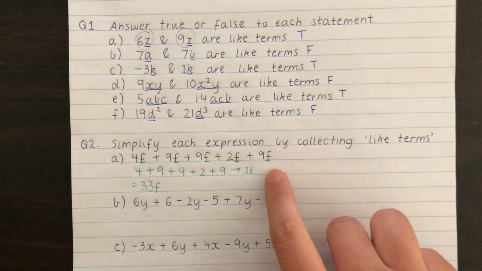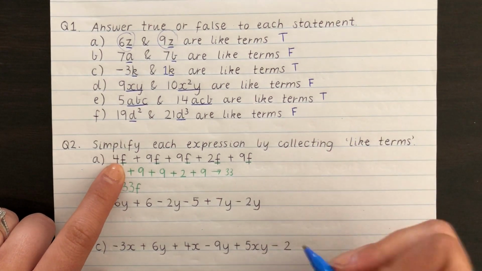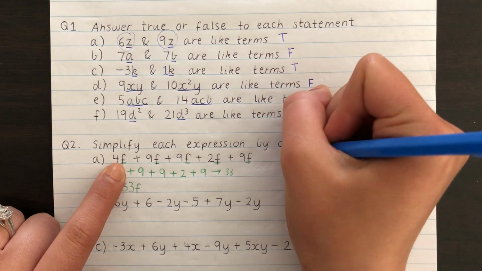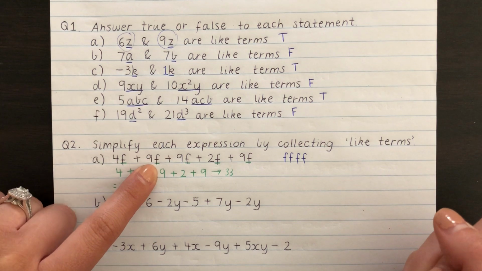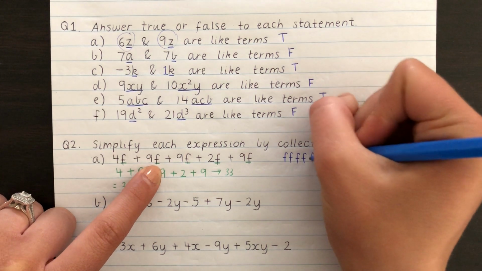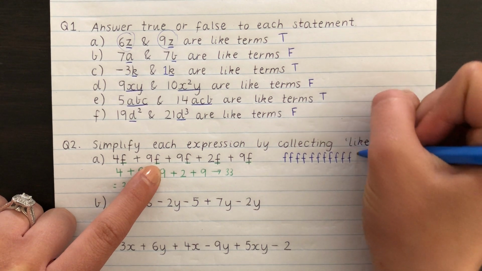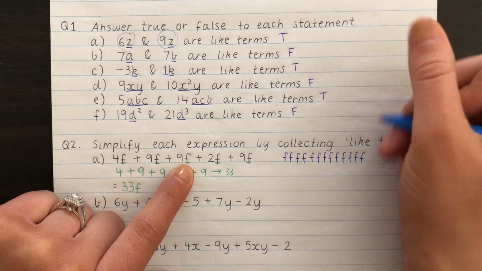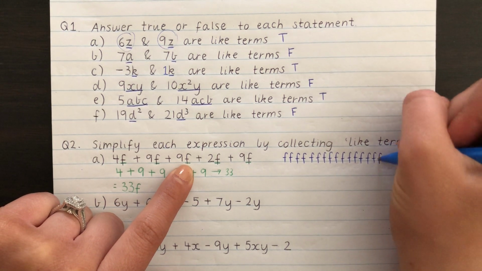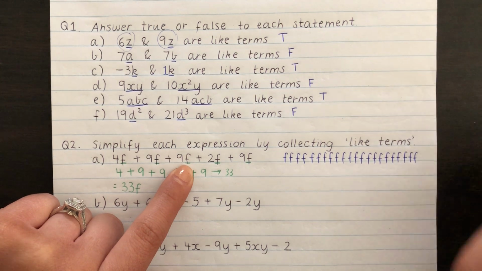Okay? Another way of visualizing this is like this. Well, here we have 4 Fs. So imagine 1, 2, 3, 4. Then we have 9 Fs. 1, 2, 3, 4, 5, 6, 7, 8, 9. Then we have another 9 Fs. 1, 2, 3, 4, 5, 6, 7, 8, 9.